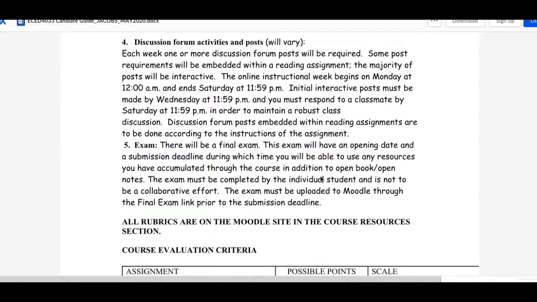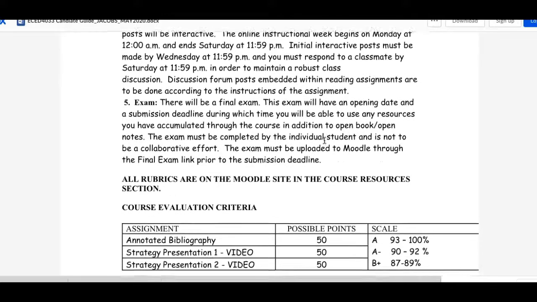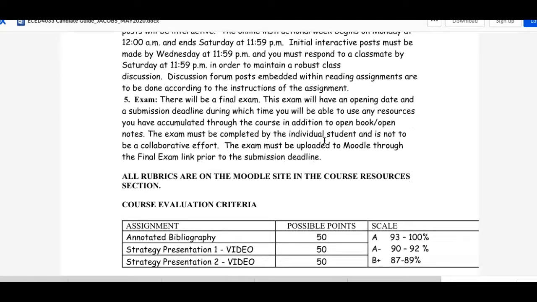Okay, so your discussion forums you'll obviously be having every week. The discussion post will be one or more each week, and the post requirements will be embedded within a reading assignment. The majority of them will be interactive. You know the online instruction week begins on Monday at 12 a.m. and it ends on Saturday at 11:59.